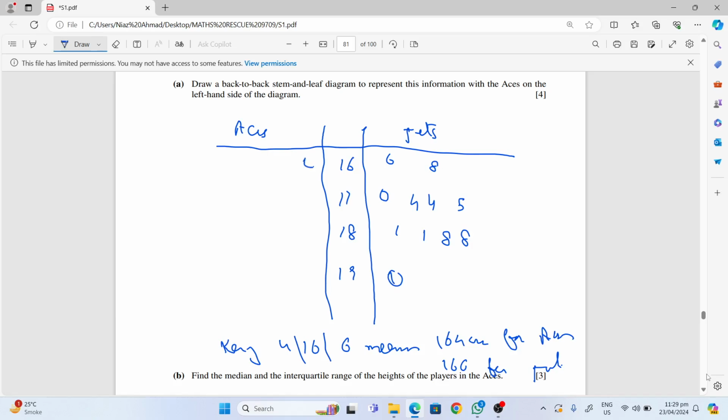So here you can say 4, 6, 8, 9. This is 1, 3, 4, 18, 0, 1, 2, 2.